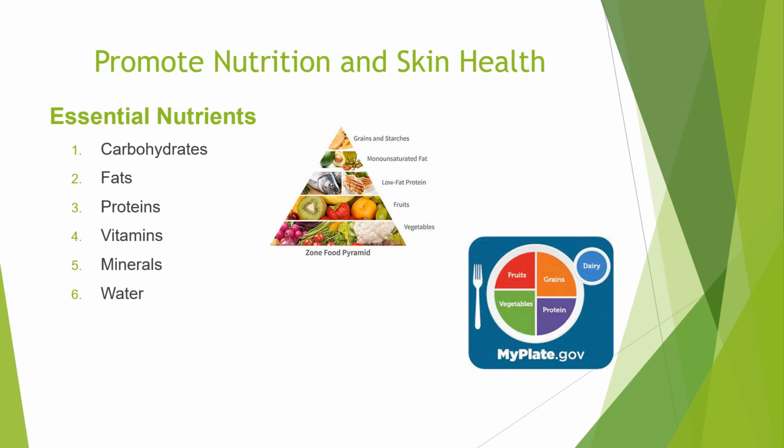Now we're going to talk about promoting healthy skin and nutrition. There are 6 classes of essential nutrients the body needs. The essential nutrients are obtained through eating and drinking. The body cannot make nutrients in sufficient amounts to sustain itself properly.